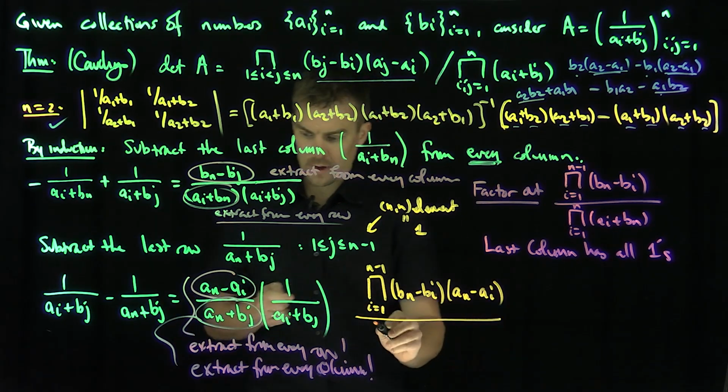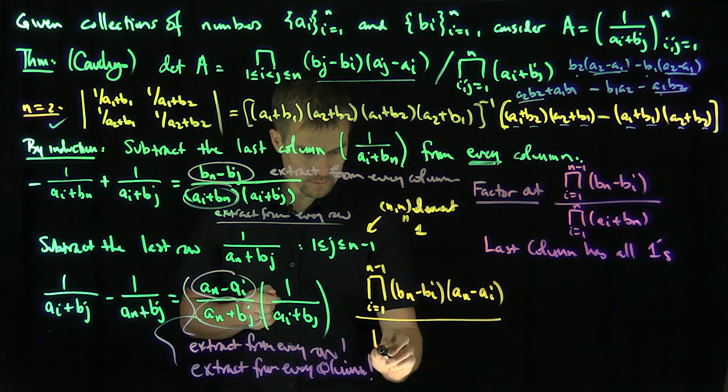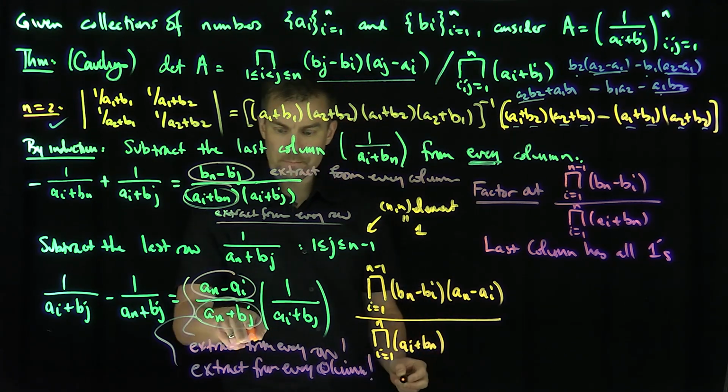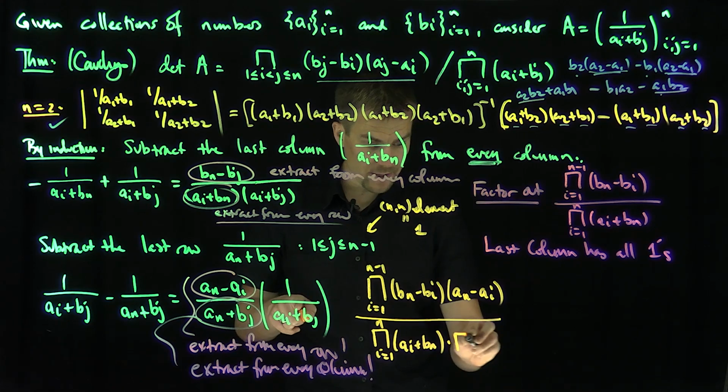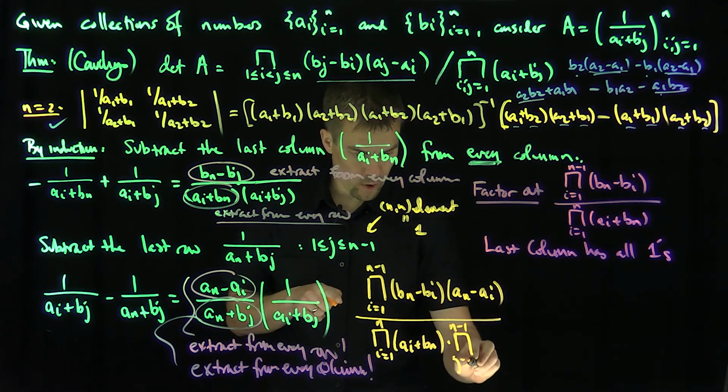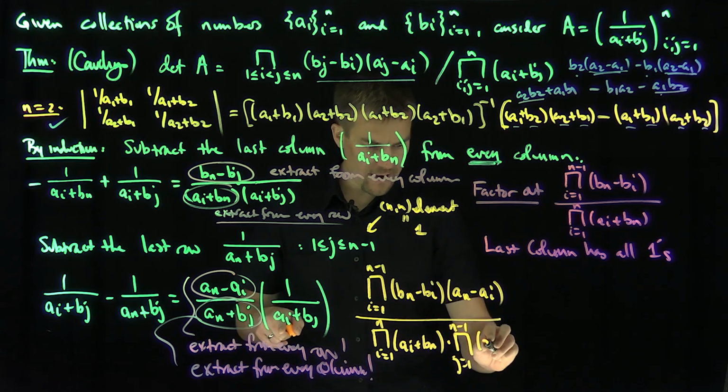And then the denominator, what are we going to have? We're going to have the product, i goes from 1 up to n of ai plus bn. And then an plus bj, but that product only goes up to n minus 1 over here, because that's important now, j goes from 1 up to n minus 1 of an plus bj.